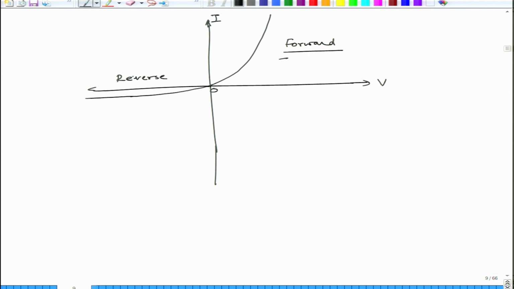Mathematically speaking, this current is I equal to I naught times (exponential of qVA divided by kT minus 1).